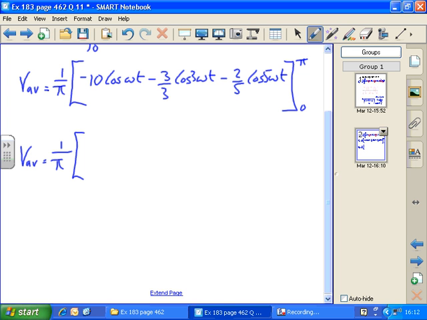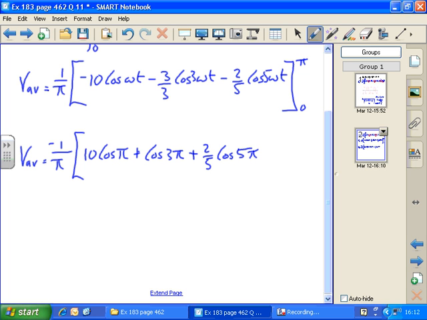We could take the minus sign outside, so minus 1 over pi outside, leaving 10 cos of pi, plus, because I've taken the minus sign outside, 3 over 3 cancels, cos 3 pi, plus 2/5 cos 5 pi.